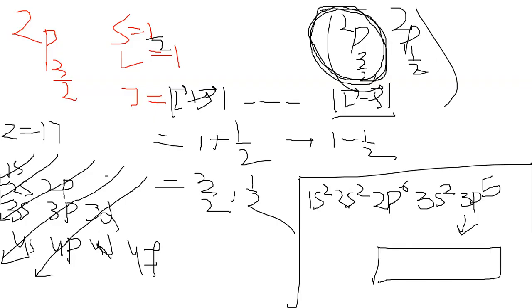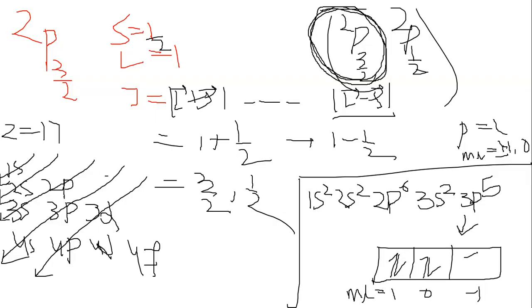So we know that for 3p, for p, l equals 1, so ml values will be plus 1, 0 and minus 1. So if we arrange 5 electrons, then it will be arranged in this manner.